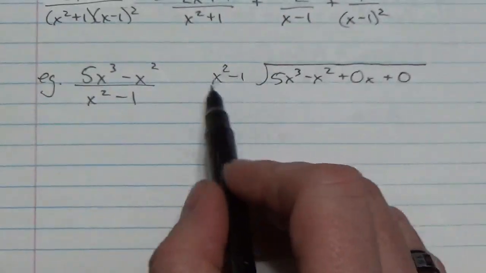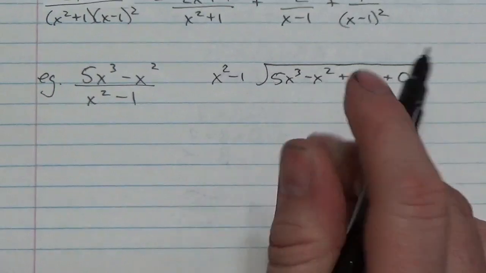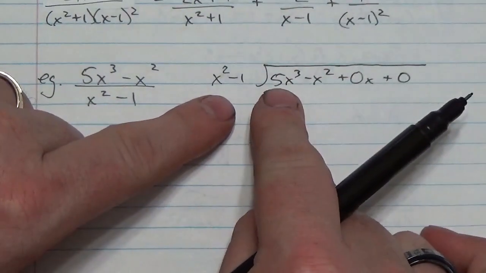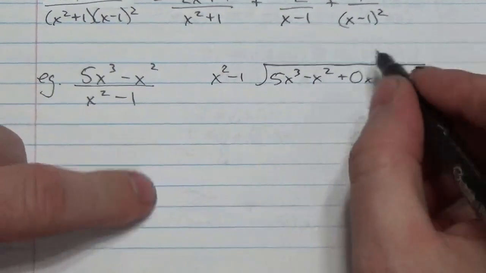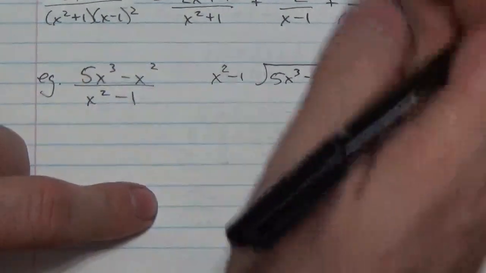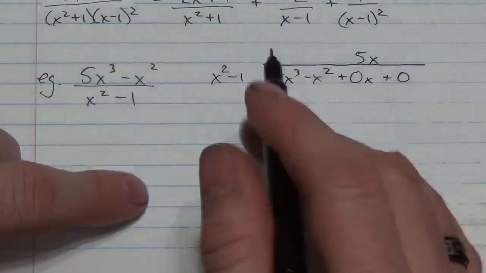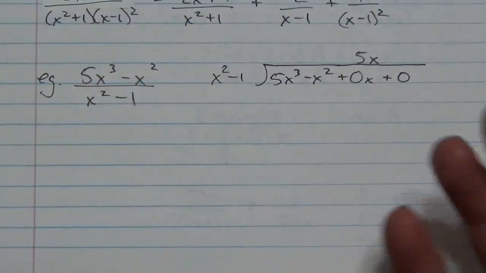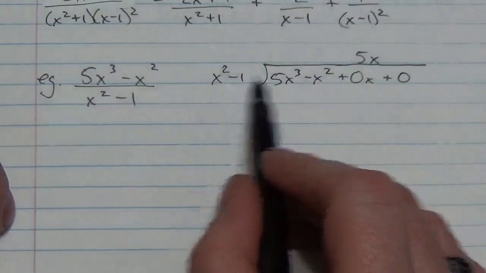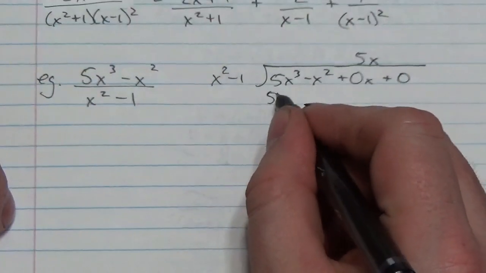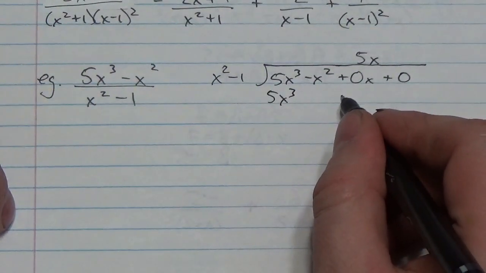When I divide by x squared minus 1, in order to get that to look like the largest degree term here, I need to multiply this by 5x. I like to have my linear terms all lined up. It just helps me organize it, and it looks pretty to me, if I'm honest. So 5x multiplied by x squared minus 1 is going to be 5x cubed, now minus 5x.